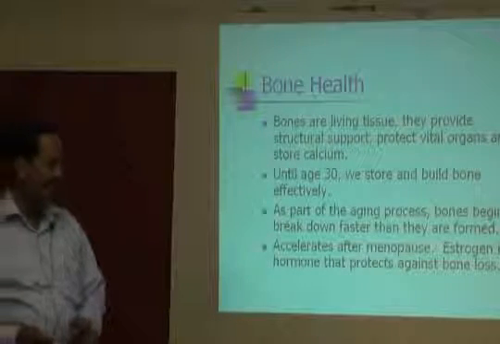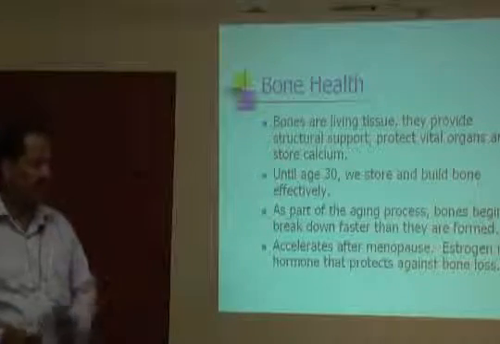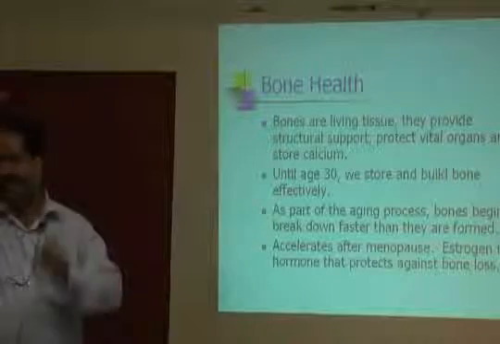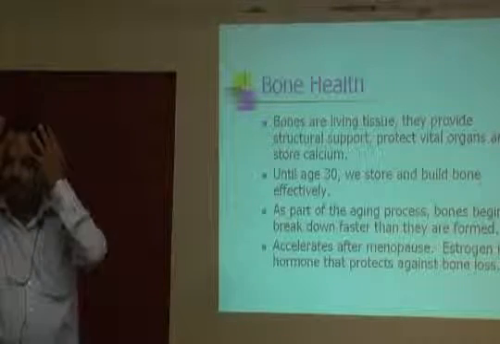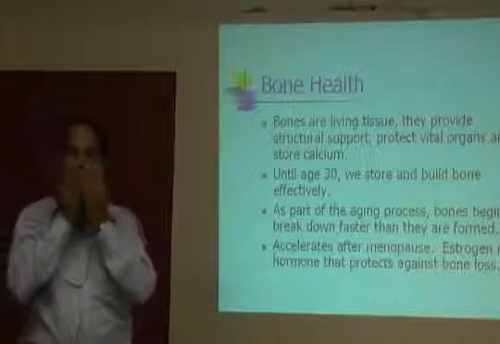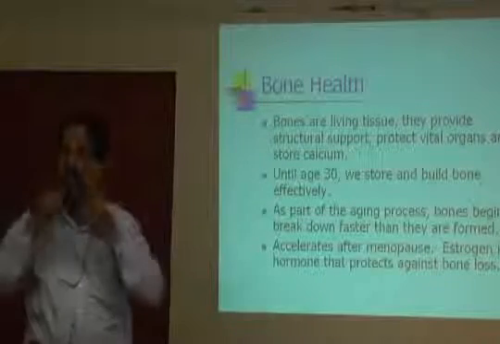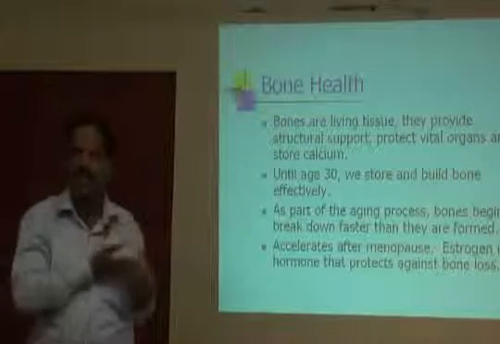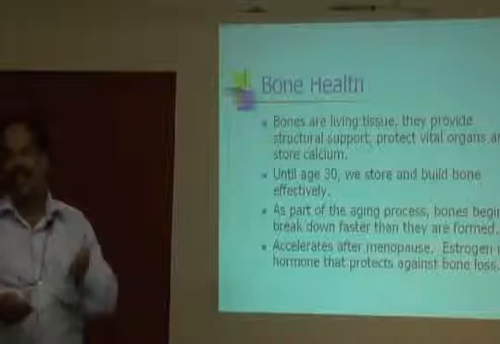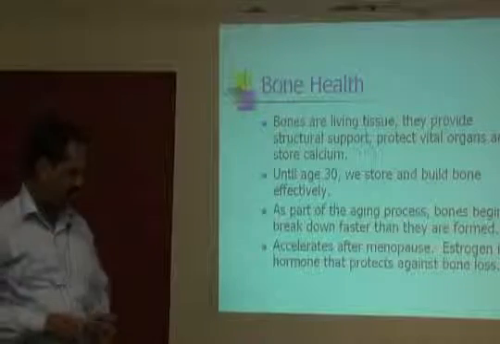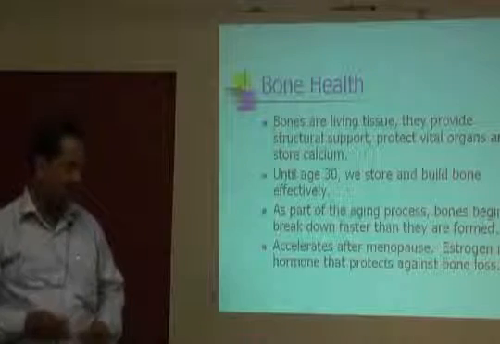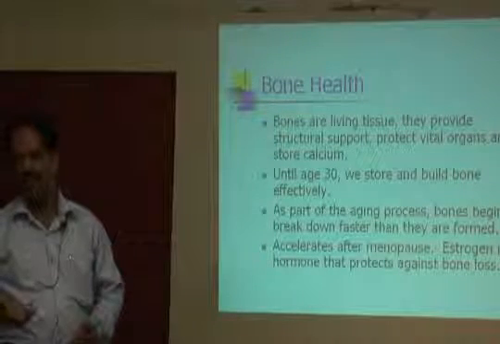Bones are living tissues. They provide structural support and protect vital organs. The brain is inside the bone structure, the eyes, the heart, all these vital organs are in the bone structure. Until the age of 30, we store and build bones effectively.